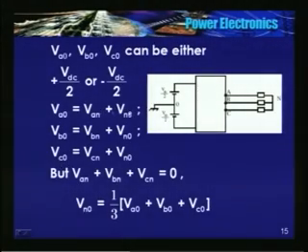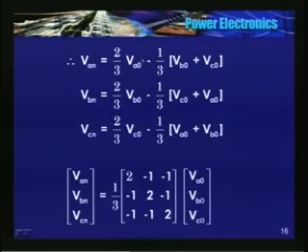If you substitute this in the first, I will get 2/3 VAO minus 1/3 of (VBO plus VCO). Similarly, VBN is equal to 2/3 VBO minus, since B is here, B should not be here, see here, A is here, there is no A here. Similarly, VCN is 2/3 VCO and no C here.